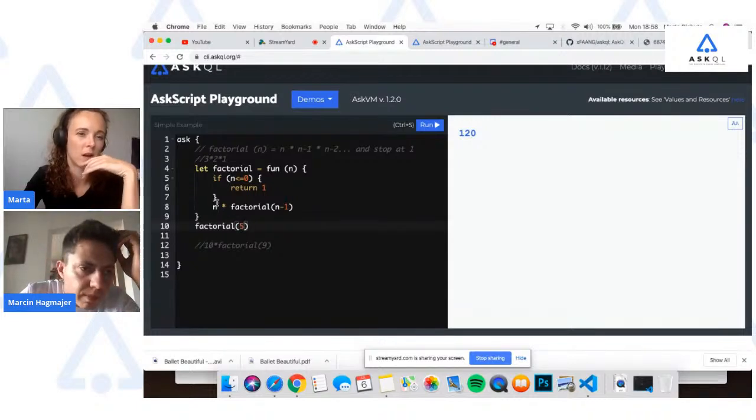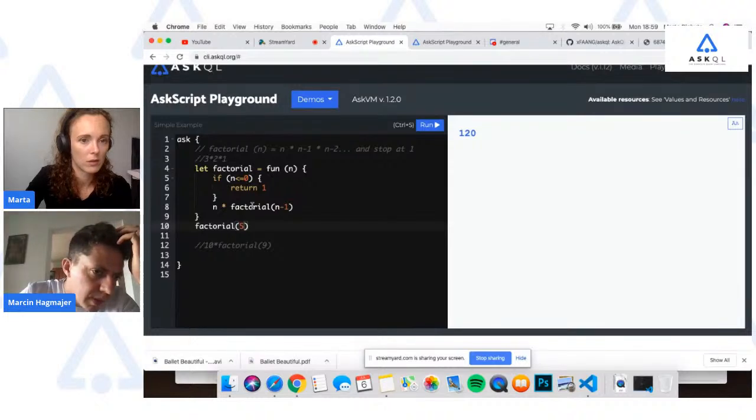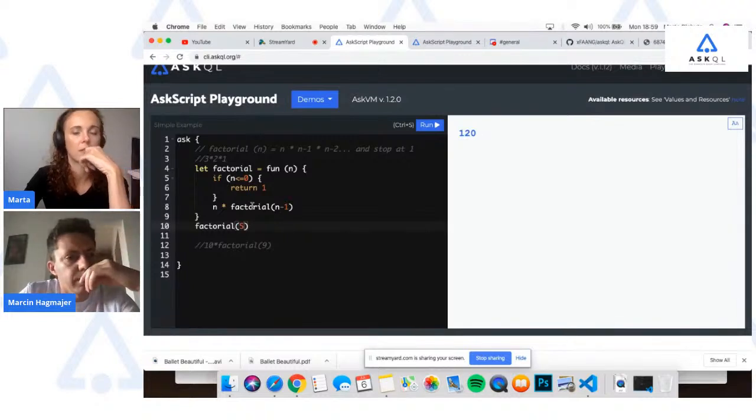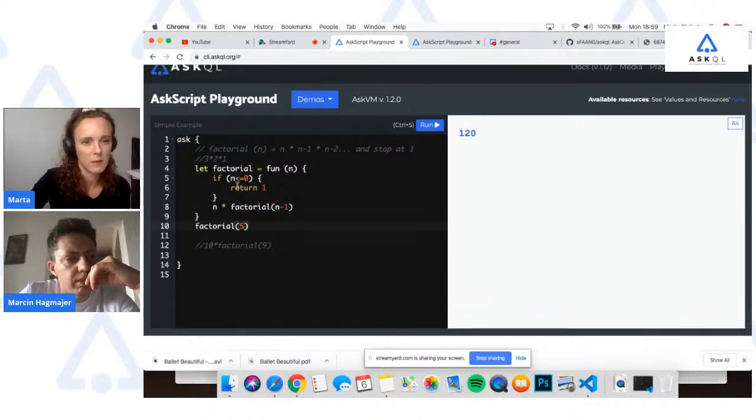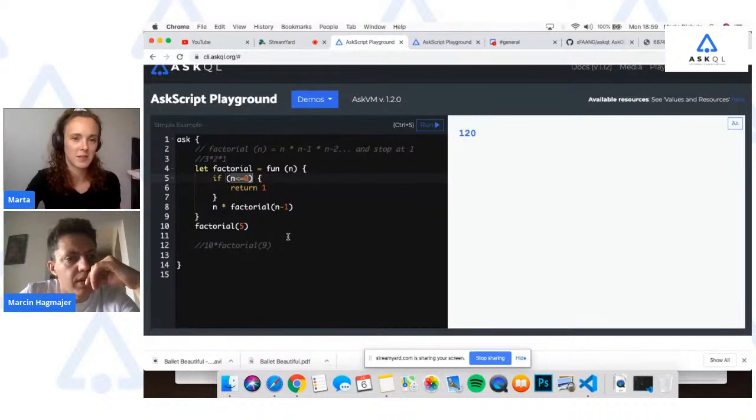So it says 5 times factorial of 4, and so on. It runs over and over till n is 0, and then it stops, right? Yes. Okay, makes sense.